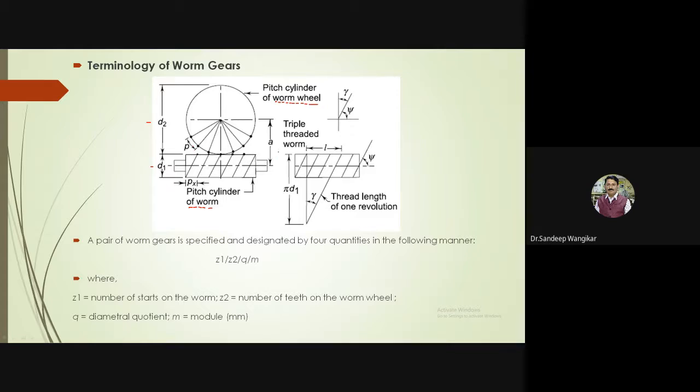A is the center to center distance for this particular case. Now the lead I will explain when we discuss that point.